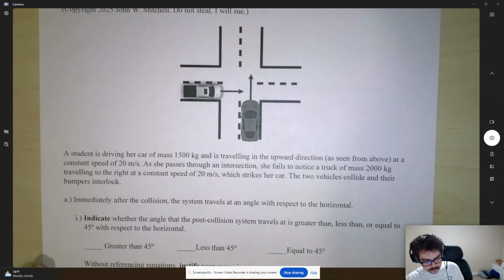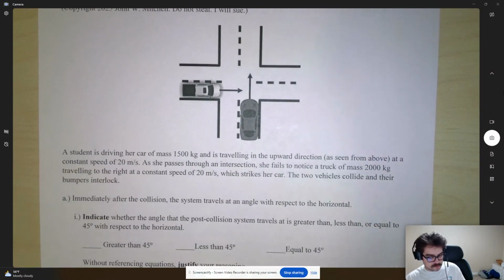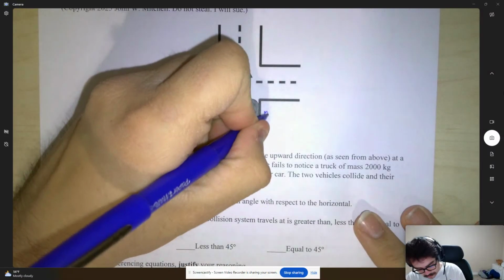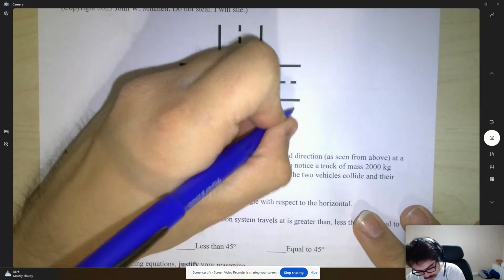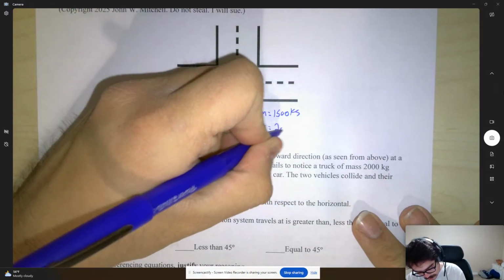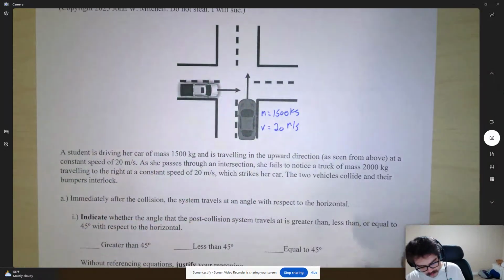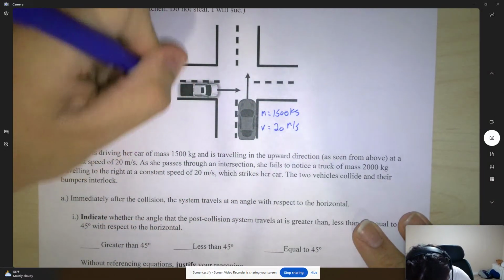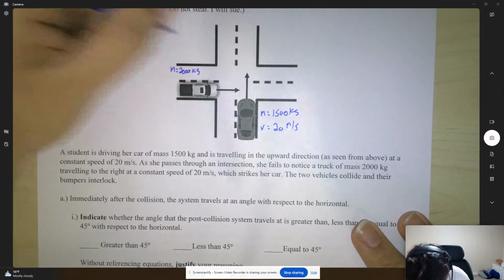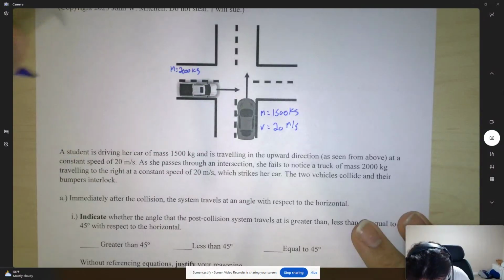A student is driving her car of mass 1,500 kilograms and is traveling in the upward direction as seen from above at a constant speed of 20 meters per second. I'm going to label this because I need to do that. Mass of this car is 1,500 kilograms. Velocity of the car is 20 meters per second. She fails to notice a truck of mass 2,000 kilograms. So the mass right here is 2,000 kilograms, and the velocity is also 20 meters per second.